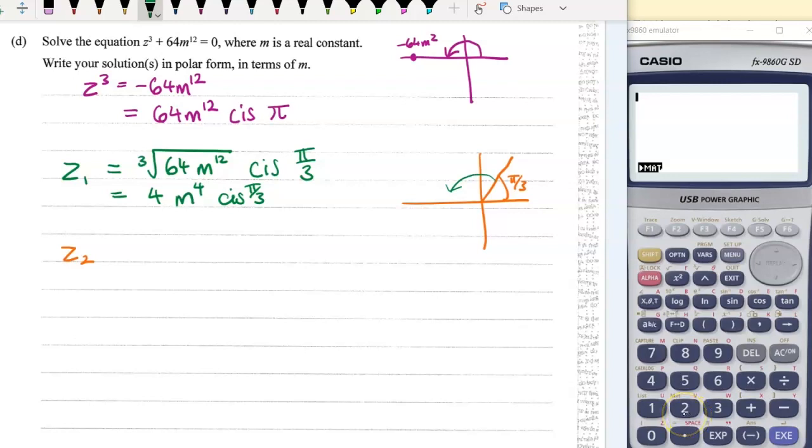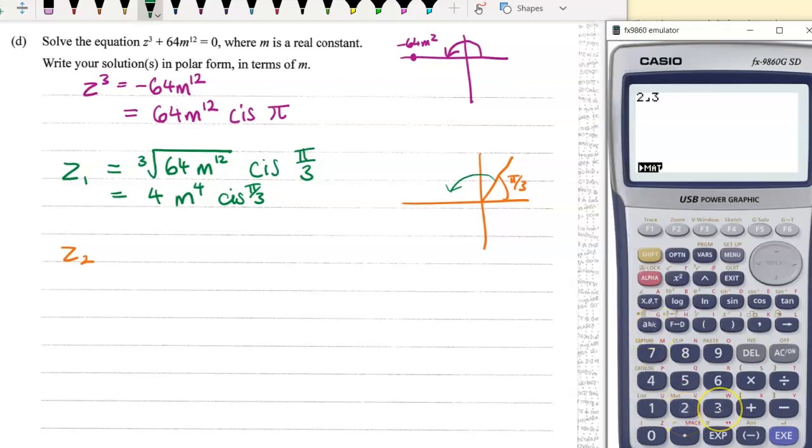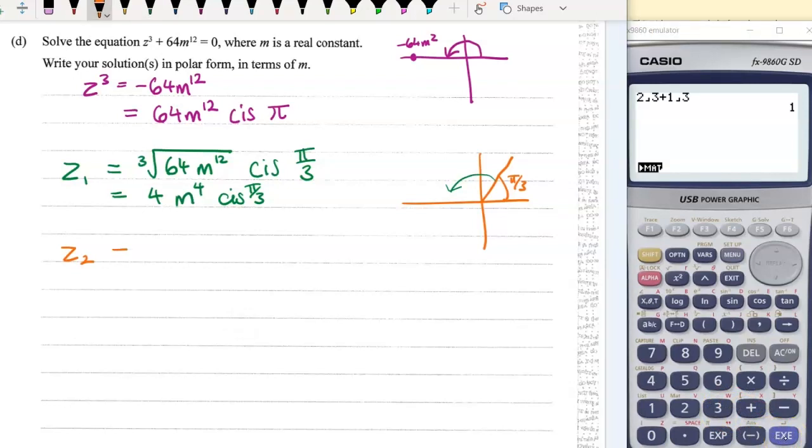A third of a circle will be 2/3 of pi on from there. So if we're doing 2/3 of pi on from 1/3 of pi, then we end up at pi. So our second solution now, the length hasn't changed, so it's still 4m to the 4. But the angle now is pi.